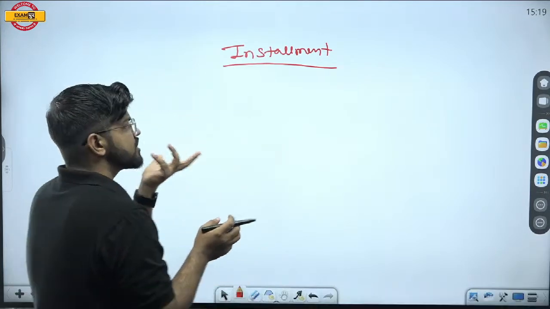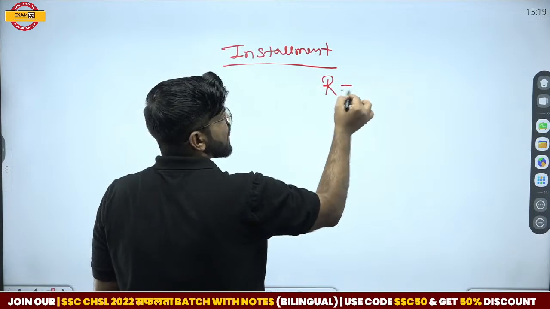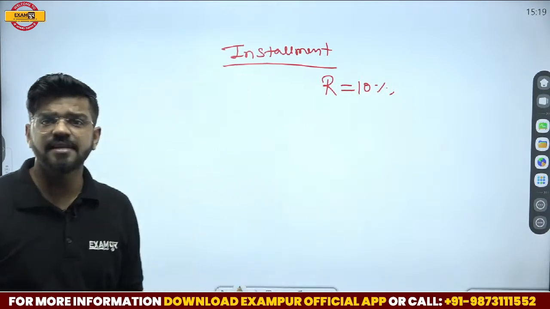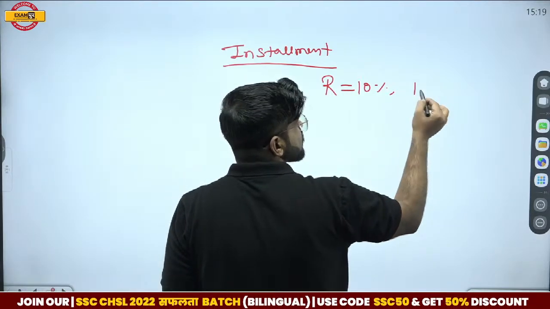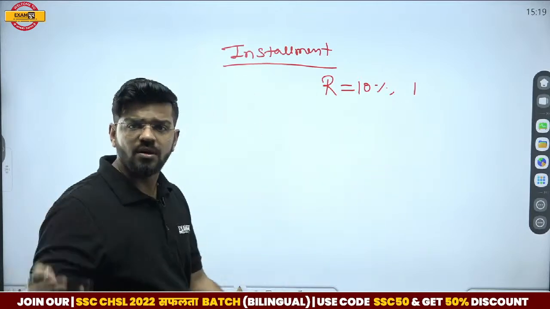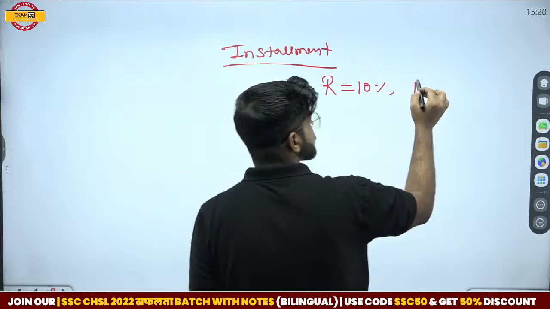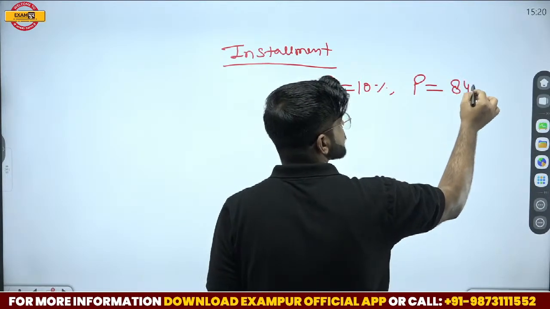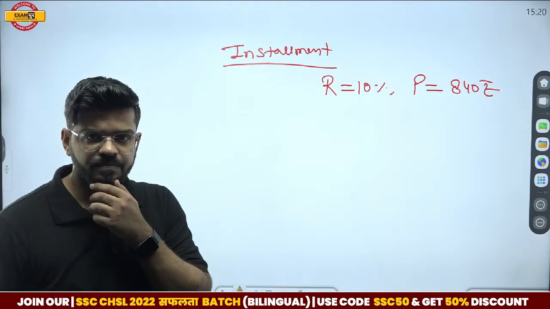So if the question is saying that R is 10% and the loan amount, whatever amount I have taken at compound interest, is 840 rupees.